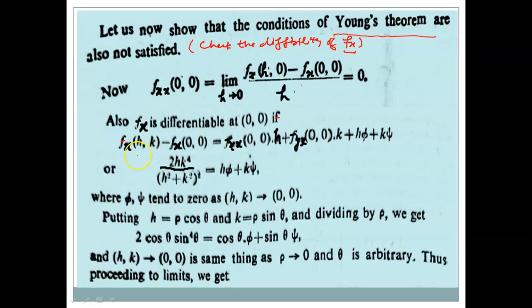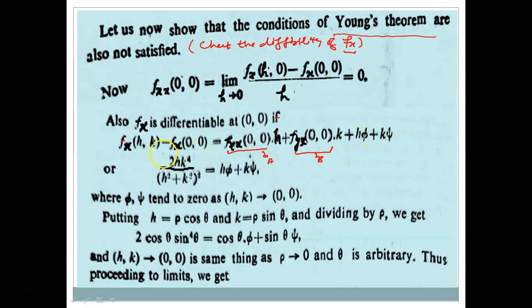Then, if here we use f, then here it must be fx and here fy, but here we are already using fx, so it will be fxx and fyx at (0, 0). This part is the according to the definition of differentiability, and this part is k h phi plus k psi, where phi and psi are functions of h and k.